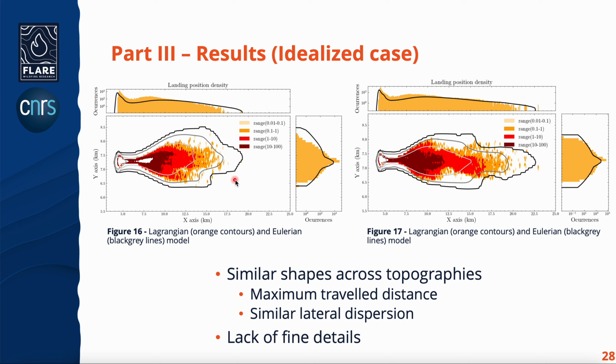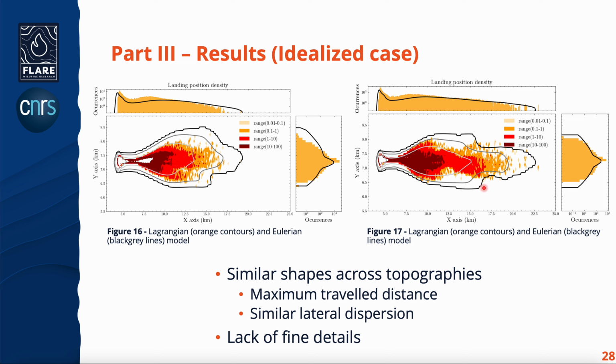This was for the flat terrain, and in the case of the hill terrain, we see that the Eulerian model is also able to match this increased travel distance and also the general increase and deflection to the right with the hill flow. And so the reduced model, the Eulerian model, is providing similar shapes across different topographies.